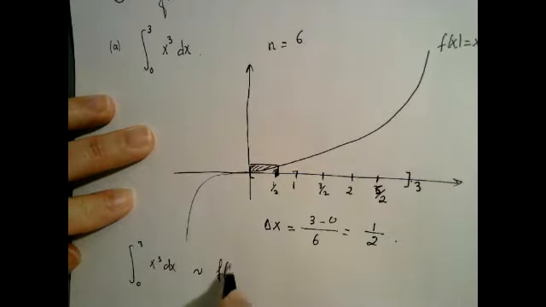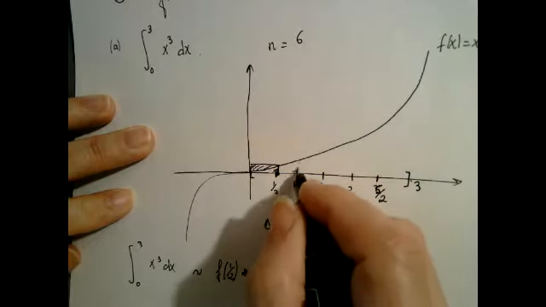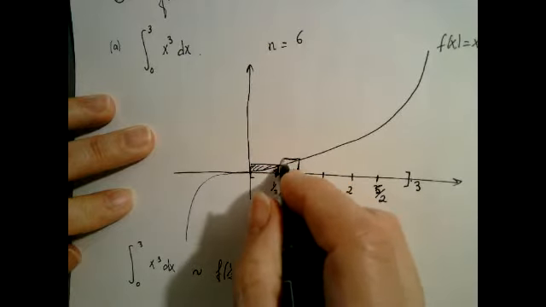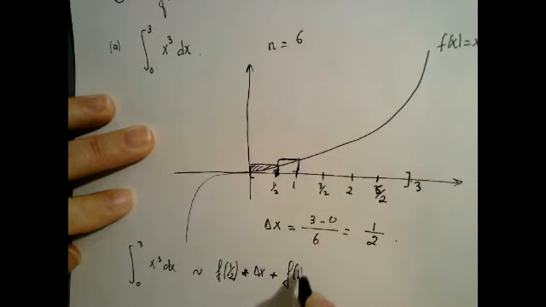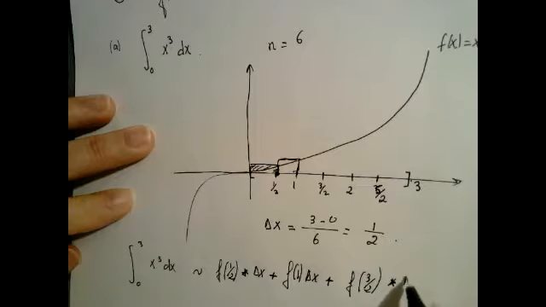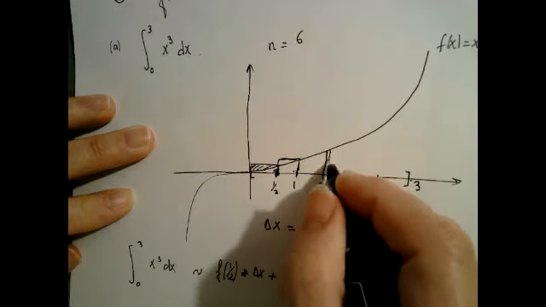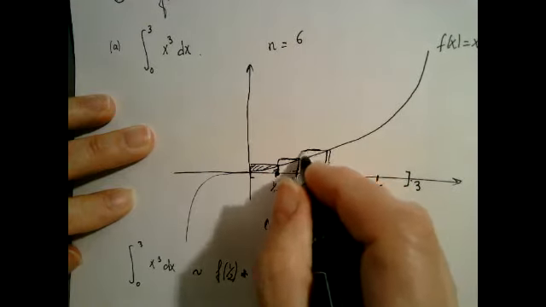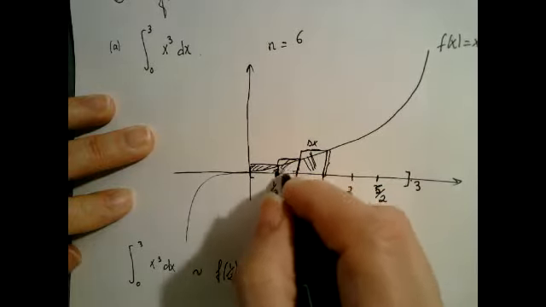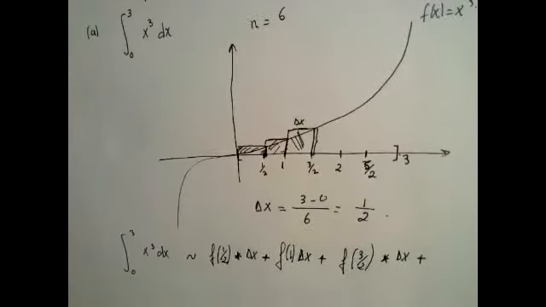So it's the value of the function at a half times my delta x, which is a half, plus the value of the function at 1 times delta x, plus the value of the function at 3/2 times the delta x. The delta x is the length of this interval, so we're adding the areas of those rectangles. That's the geometry of it.